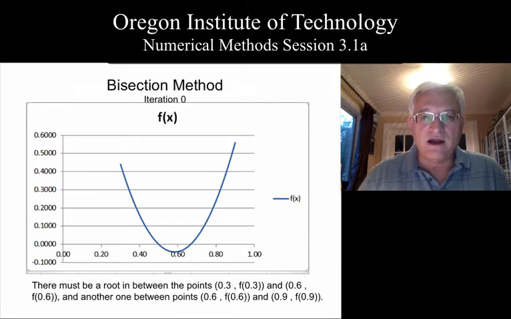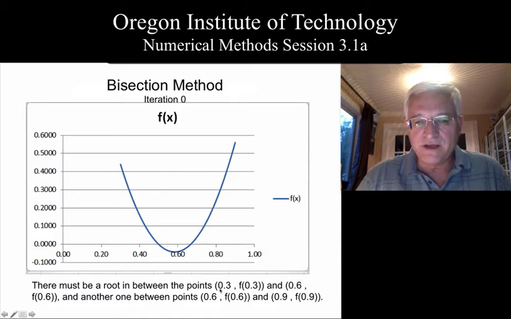So let's take our quadratic and see if we can't apply the method to one of these two roots. And I am going to focus on the left one. I need to find, as a first step, two points that straddle that root. I need to find one that I'm sure is on the left of it and one that I'm sure is on the right.